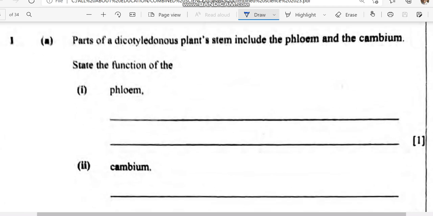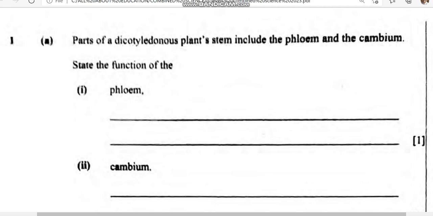The question says, parts of a dicotyledonous plant system include the phloem and the cambium. The first question says, state the function of number one. They are asking you to write down the function of the phloem.